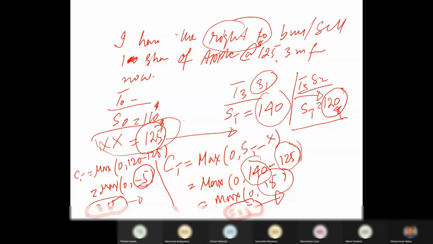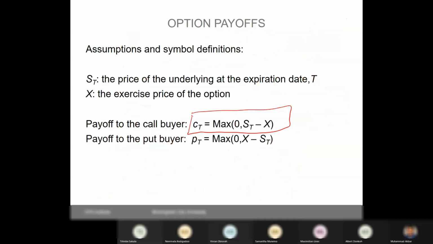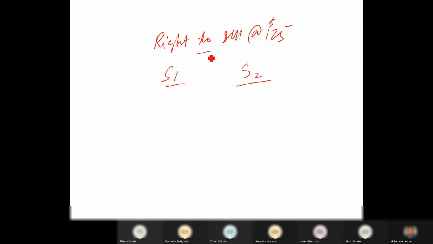If it is the right to sell, then it will reverse. Let me show this. If it was the right to sell, let's suppose at 125, and we keep all other information the same. Situation number 1, situation number 2, and let's suppose this is T3, 3 months later.